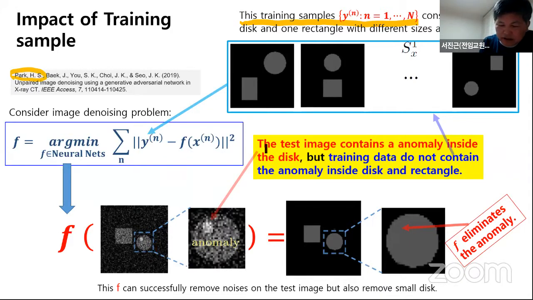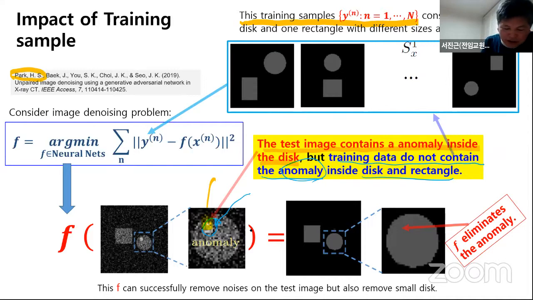Okay, look at that. The test image contains an anomaly inside the disk. Here is the anomaly inside the disk. But the training data does not contain an anomaly inside the disk and rectangle. There is no small anomaly inside the rectangle.